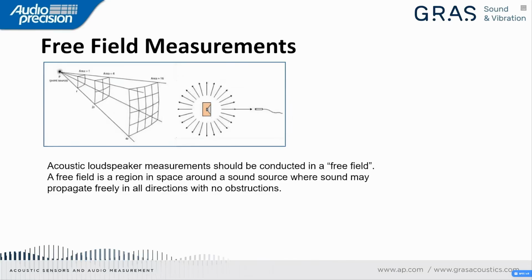Sound intensity is proportional to sound pressure squared. Hence, the sound pressure level decreases by 6 dB per doubling of the distance from the source. This phenomenon is sometimes called the inverse square law, or 6 dB double distance rule.